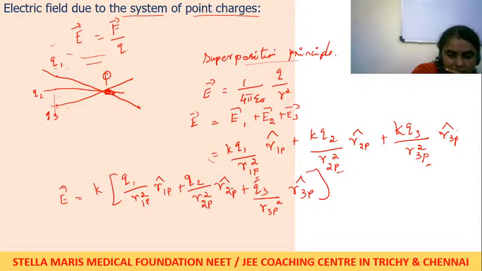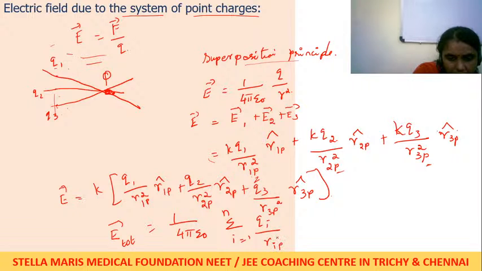This is the electric field which is present on this system. So when we consider this whole term, E total will be equal to 1 by 4 pi epsilon naught, summation i equal to 1 to n, Qi divided by RiP squared into RiP cap.